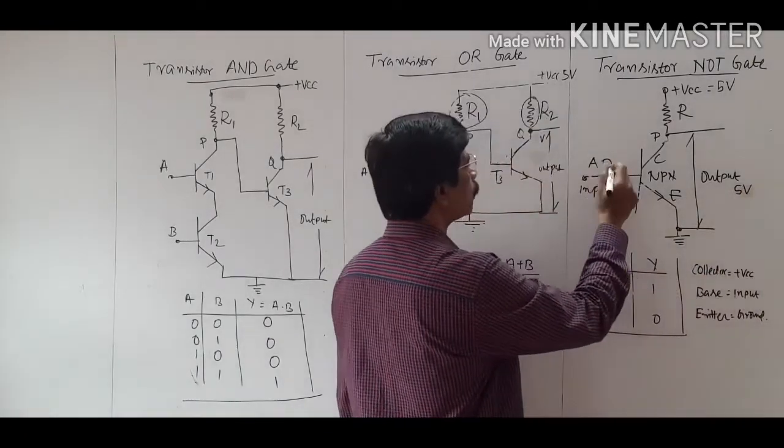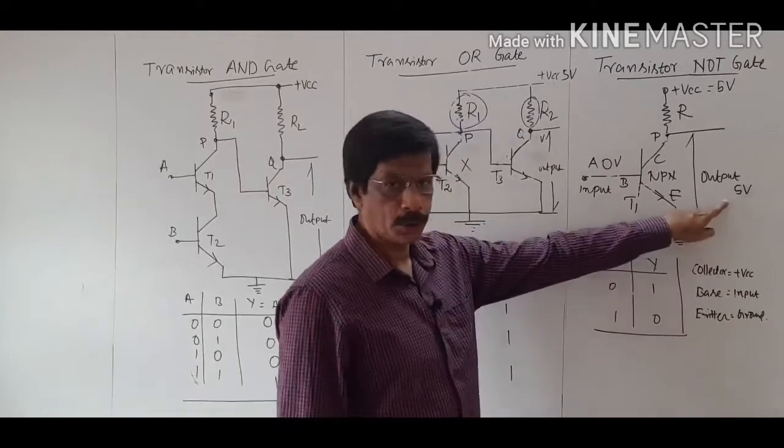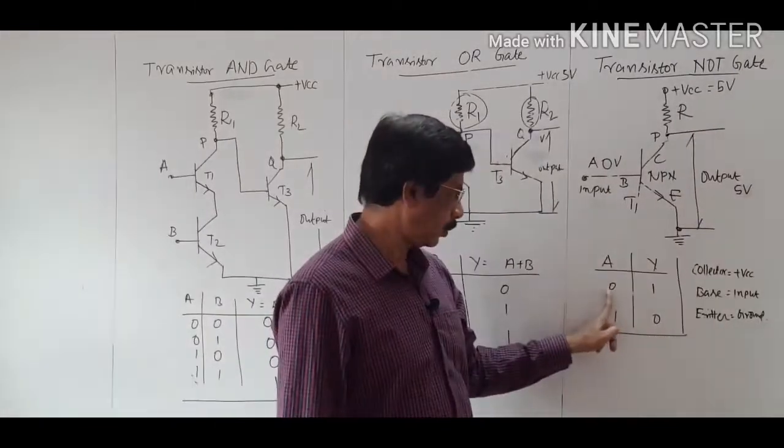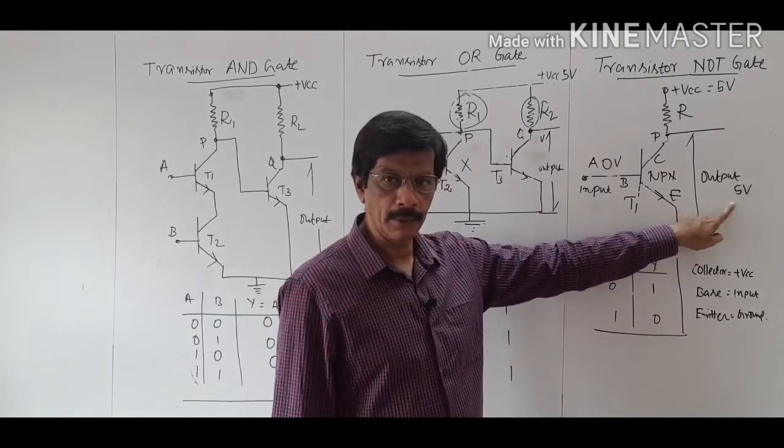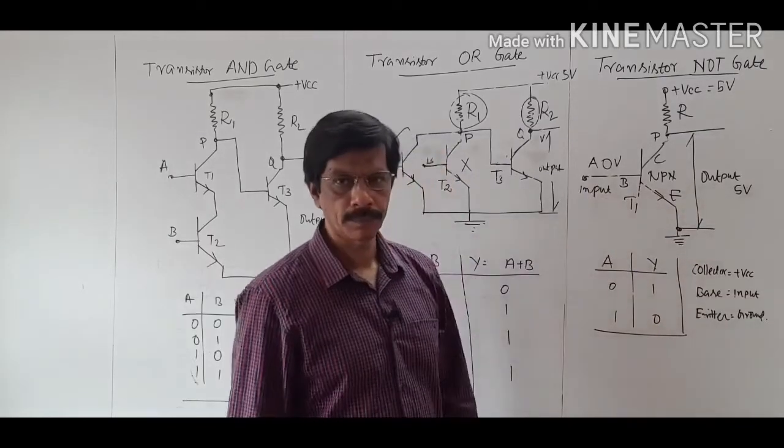When input is equal to 0 volt, the output is equal to 5 volt. 0, you get output is equal to high. The output is inversion of input voltage.